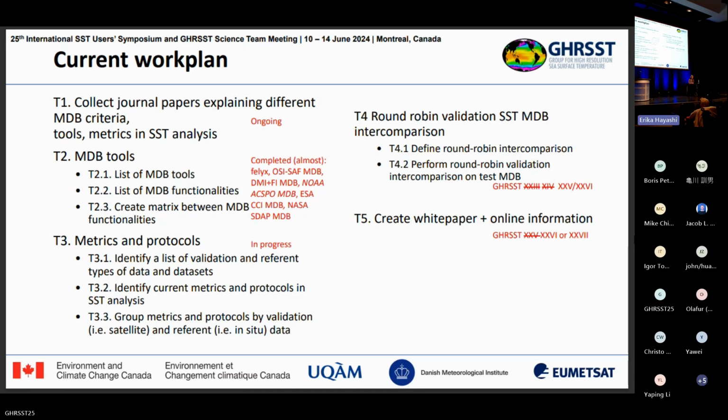And the plan then is to have in task 4 a round-robin validation exercise, which is mostly based on a common way of generating matchups, to look at the different ways of using these matchups to produce these validation metrics and understand the differences and provide some recommendations and a way forward on how we could harmonize this.